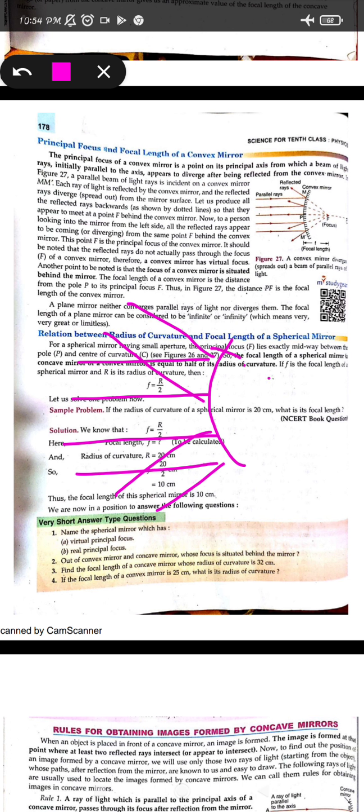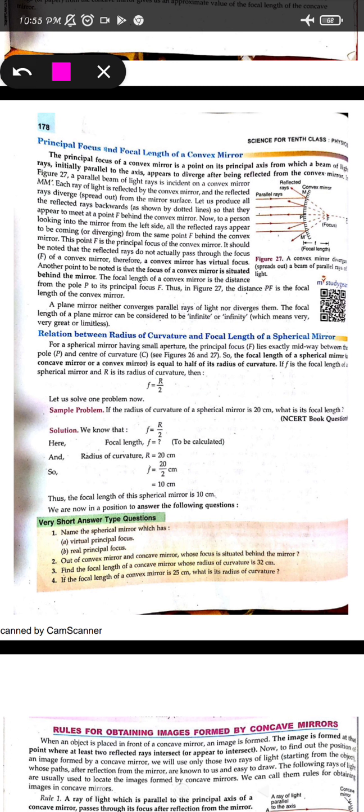We just have to extend them to a point where they can meet. This meeting point is behind the mirror, so for the convex mirror, the focus is behind the mirror. So the light rays parallel to the principal axis meet at a point behind the mirror for the convex mirror. The distance between the pole and the focus is said to be the focal length, small f.